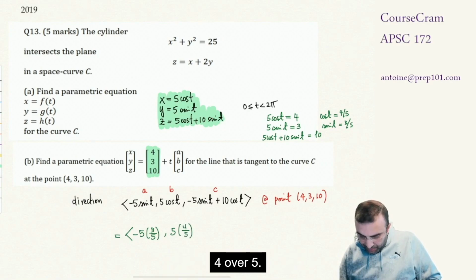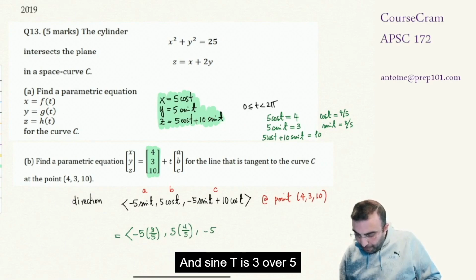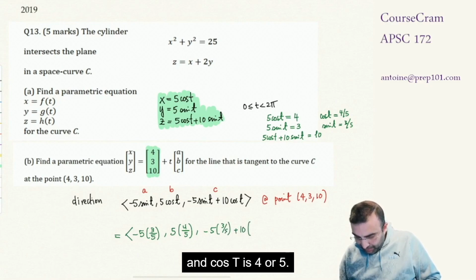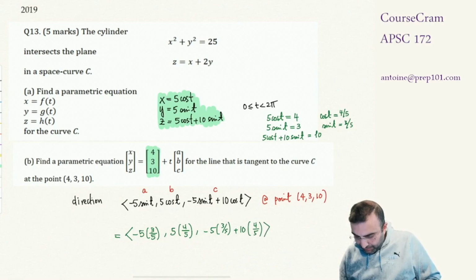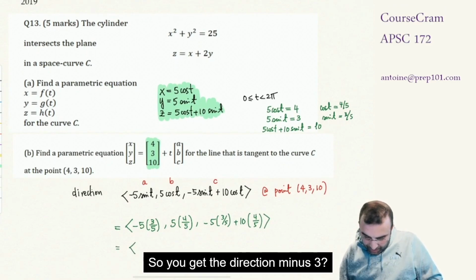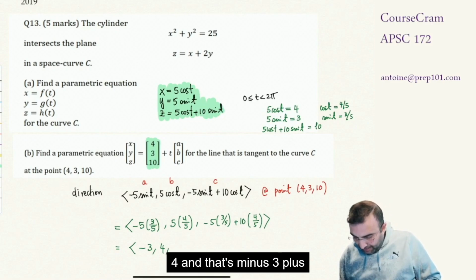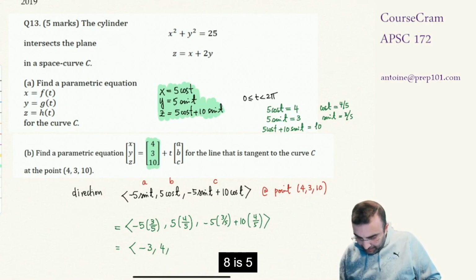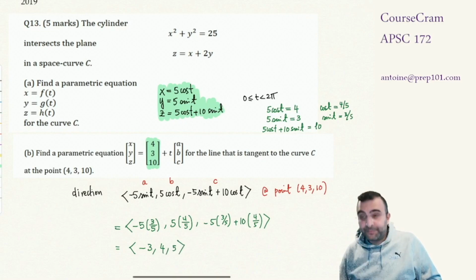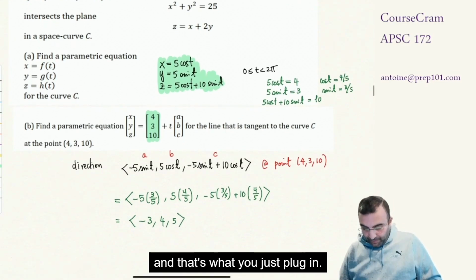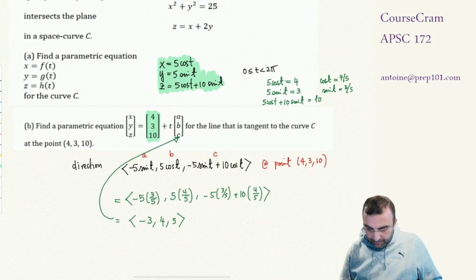Cos t is 4 over 5. So you get the direction minus 3, 4. And that's minus 3 plus 8 is 5. And that's what you just plug in here.